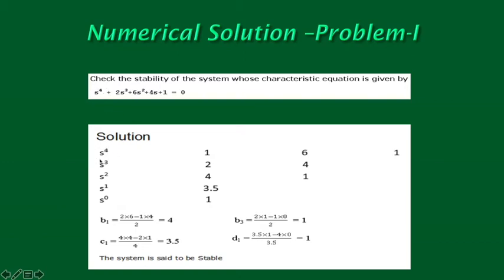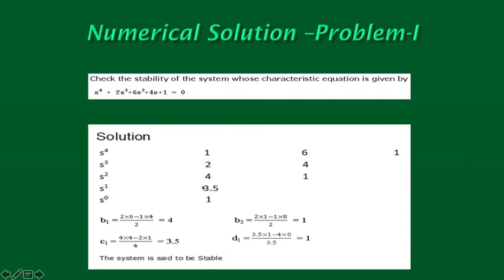Write down s4, then s cubed, then s squared, then s1, then s0. First write down the coefficient of s4, this is 1. Then the coefficient of s squared, this is 6. Then forming the second row, write down the coefficients 2 and 4.